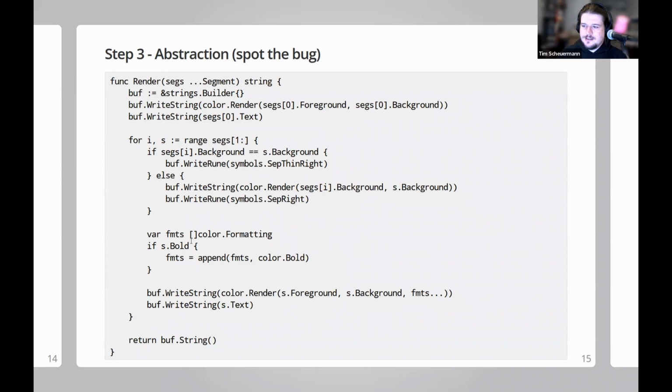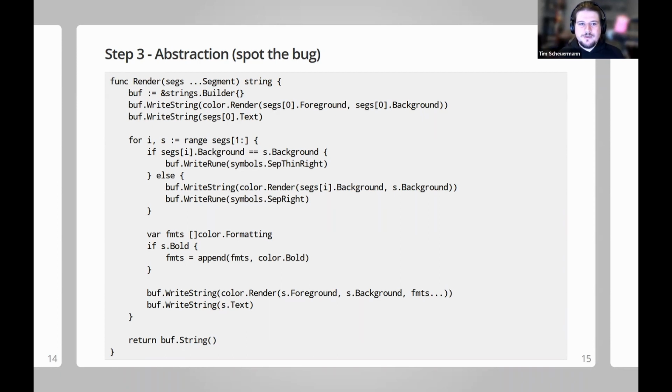It will process the formatting and write it out as a properly colored segment. That ends up in a strings buffer, and in the end I call the string method on the buffer, and I have the full Powerline rendered.